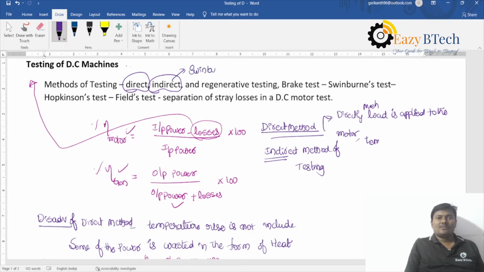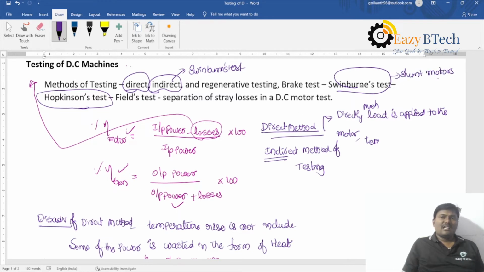In the indirect method, there are two tests: Swinburne's test and Hopkinson's test. Swinburne's test and Hopkinson's test are used for the shunt motor; they are not suitable for the series motor.